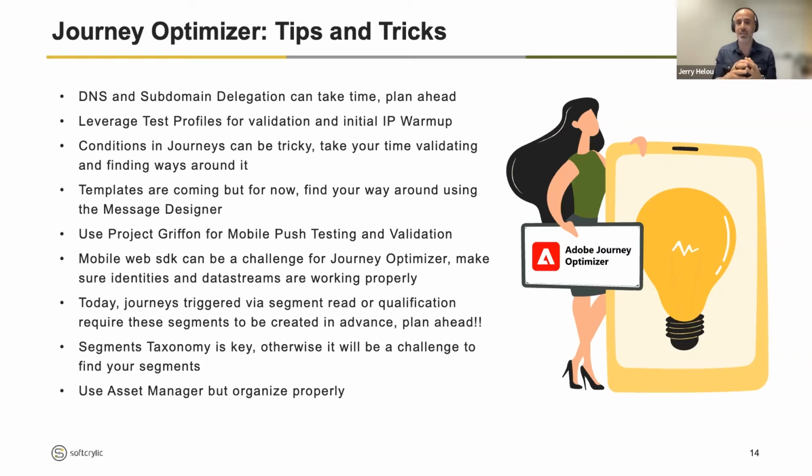But depending on how your data is set up, and this really varies from one implementation to another, in our case we noticed that sometimes the conditions where we're trying to split audiences within a journey don't always work very well. There's ways around it, but make sure you are testing these early on and then finding the next best approach.